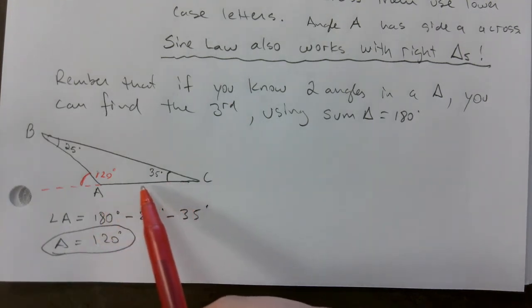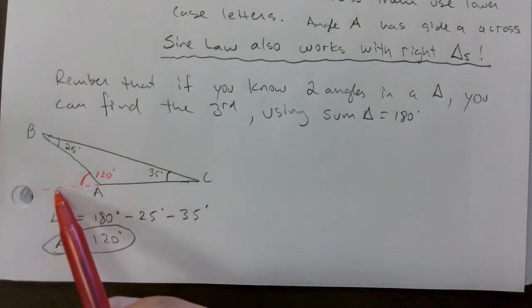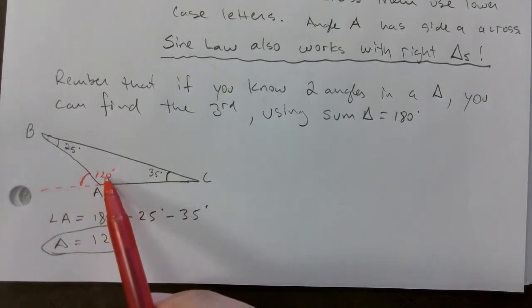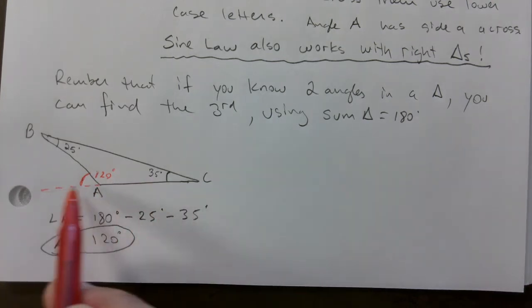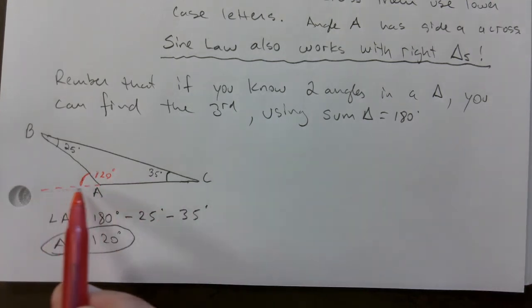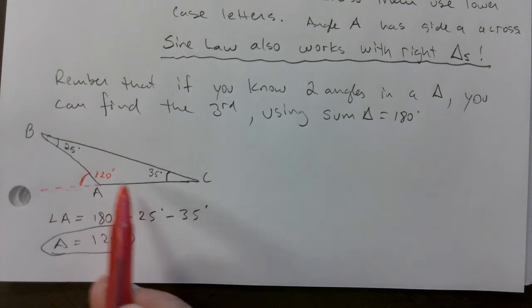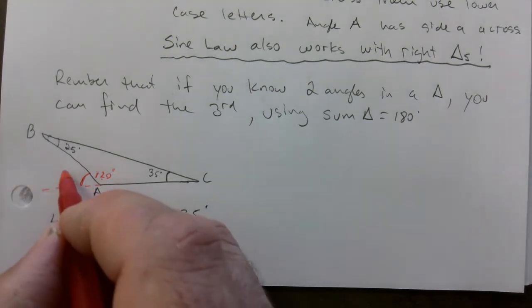If I take the base of this triangle and I extend it here, if this is 120, what's this going to be? 60, 60. Do we agree with a 60? Because right now you have a straight line, which is always 180. So if you know 120, this is 60.